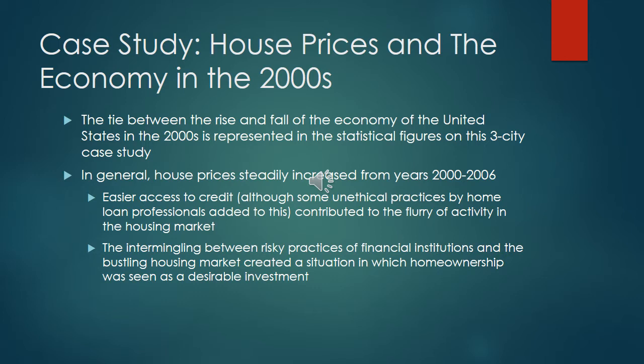The ease with which these home loans were given basically corresponds to the demand increase because more people were able to buy houses, therefore there was a higher demand. Higher demand meant higher prices due to basic supply and demand principles.